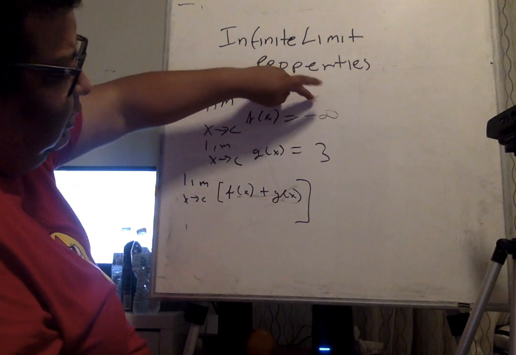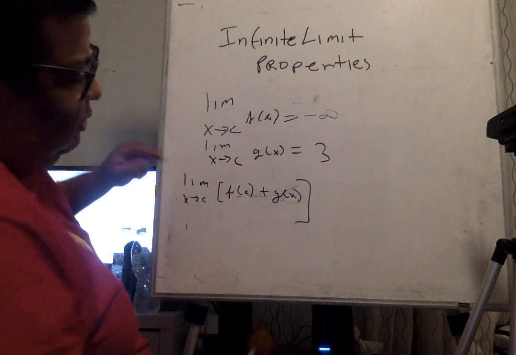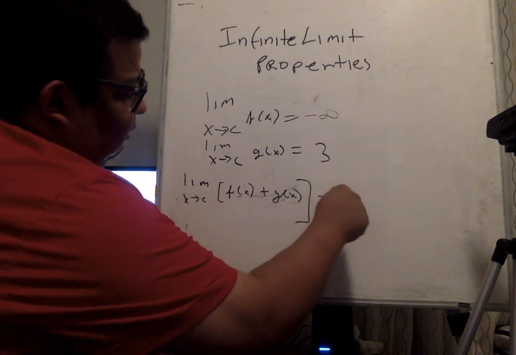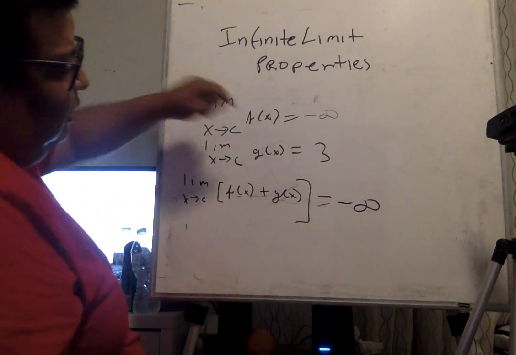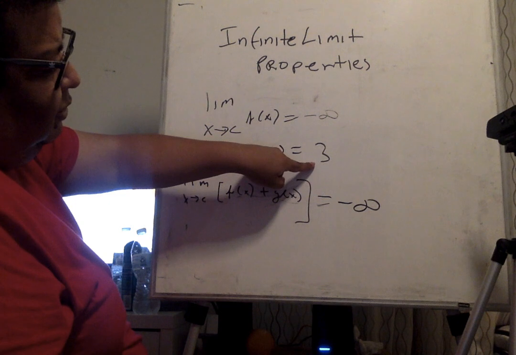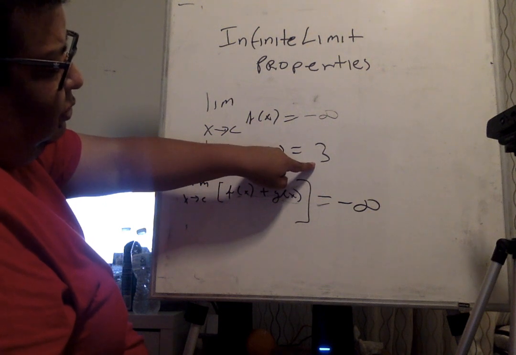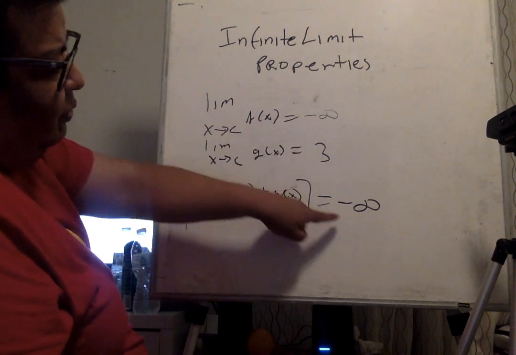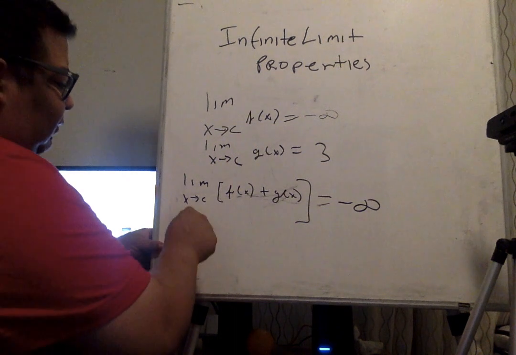So we're going to get negative infinity plus 3, we're going to get negative infinity. So if we add 3 to negative infinity, we're going to get negative infinity.